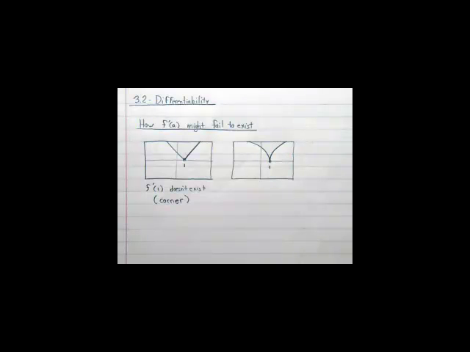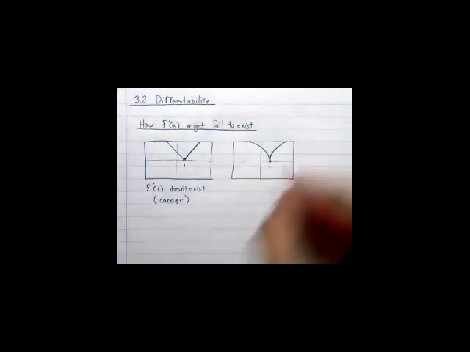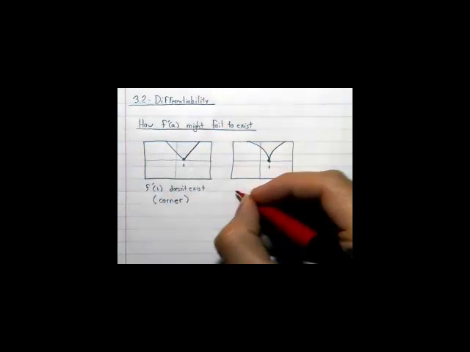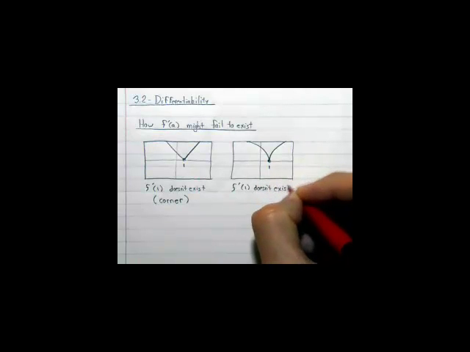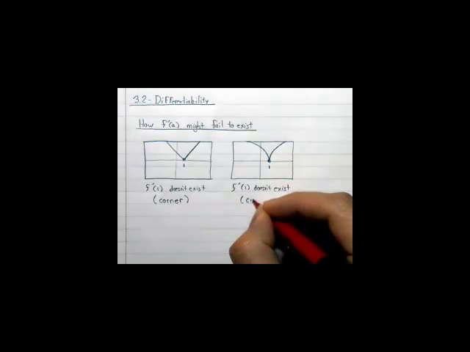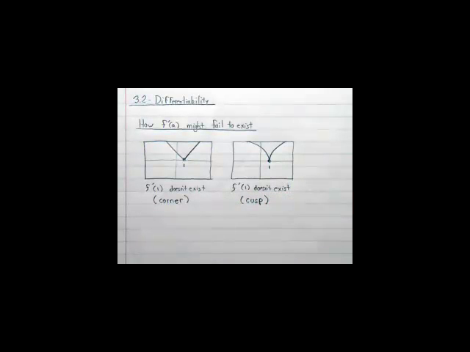Slopes on this one are coming down negative. Slopes on this one are coming down positive. They're not going to match when they come together. So at that corner, f prime does not exist. That's a cusp.